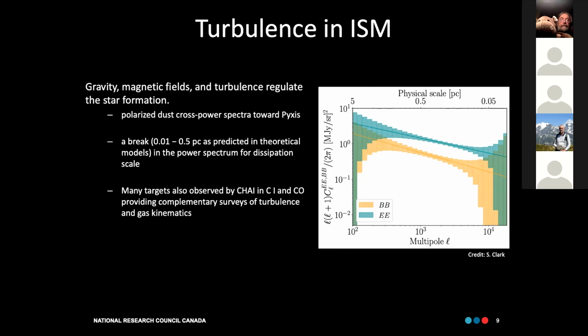So other than this, many of our targets will also be observed by CHI in C1 and CO, which provide a complementary survey for turbulence and gas kinematics.